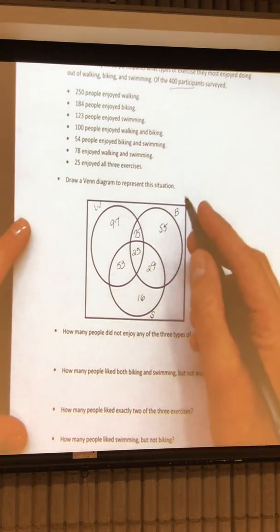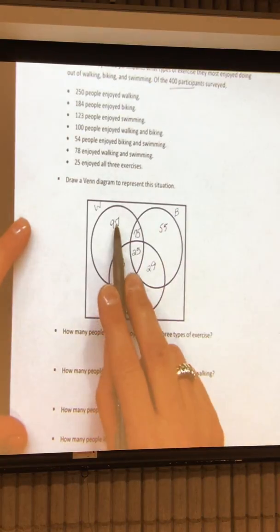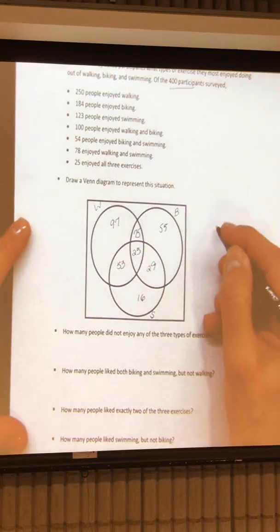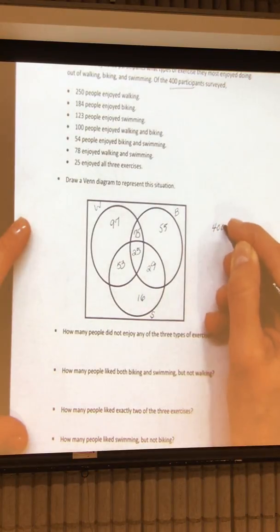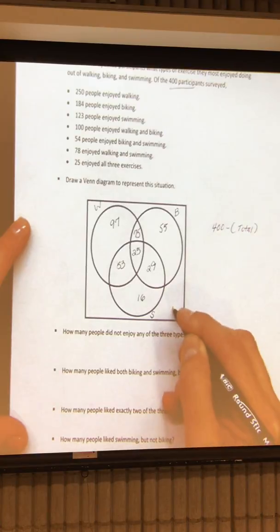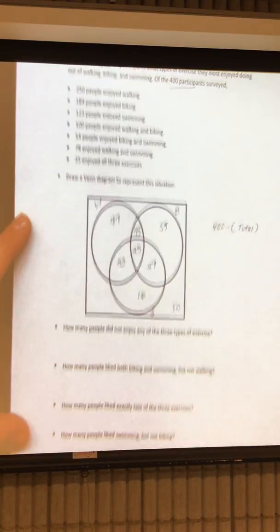So therefore, you total all these numbers, 97 plus 75 plus 55 and so on, and you subtract 400 minus that total, and that gives you 50 that enjoyed none of those exercises.